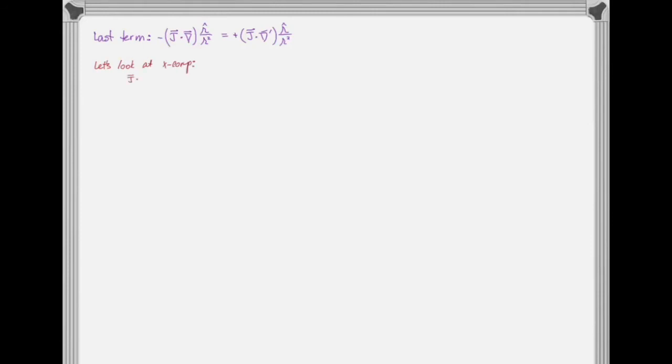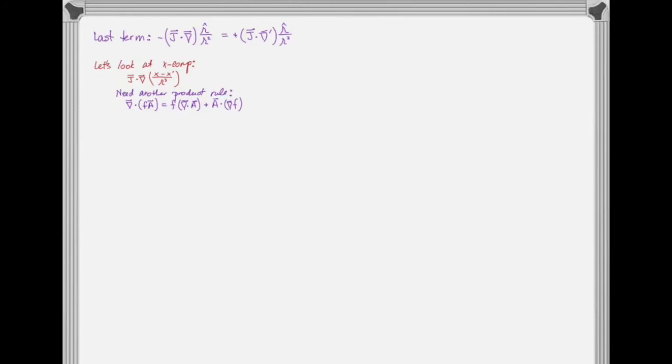So let's just look at the x component. The x component of that term becomes J dot del prime times x minus x prime over script r squared. We need another product rule. This is the third one so far. This one is a scalar times a vector.